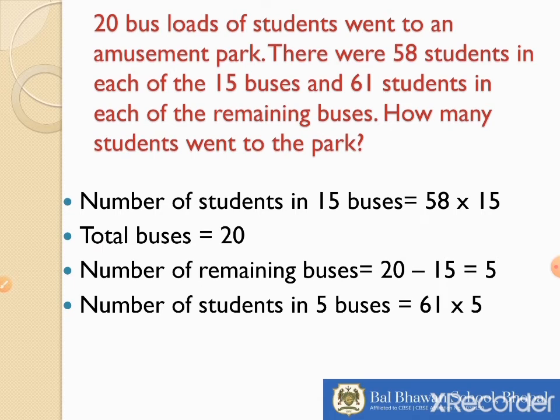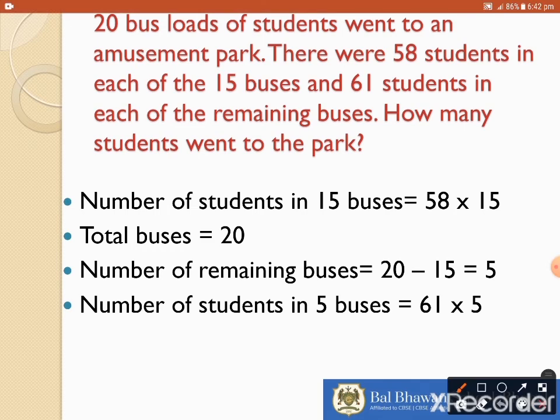Now children, it's a question in which information about some students is given. These students are going to an amusement park in 20 buses. Out of these 20 buses, some students are going on 15 buses and the number of students in each bus is 58.